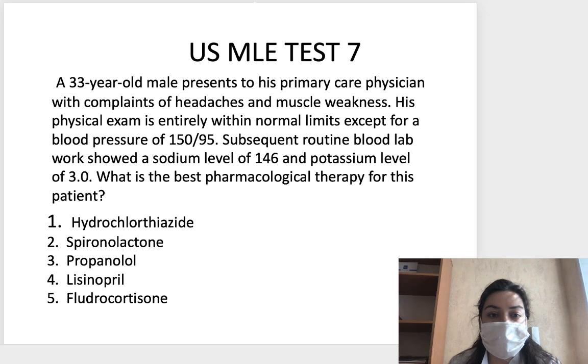Subsequent routine blood lab work showed a sodium level of 146 and potassium level of 3.0. What is the best pharmacological therapy for these patients? Options for you: hydrochlorothiazide, spironolactone, propranolol, lisinopril, or fludrocortisone.